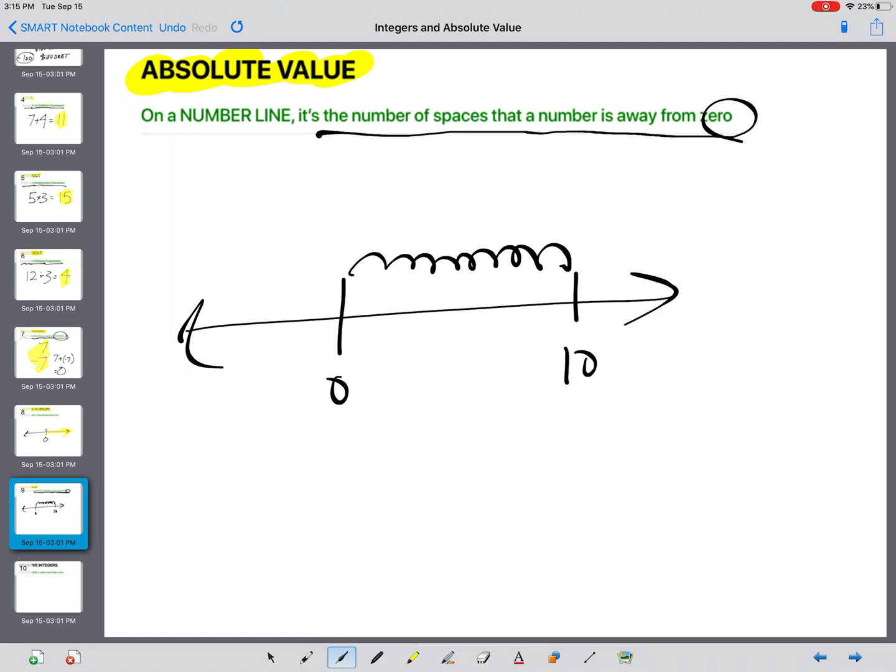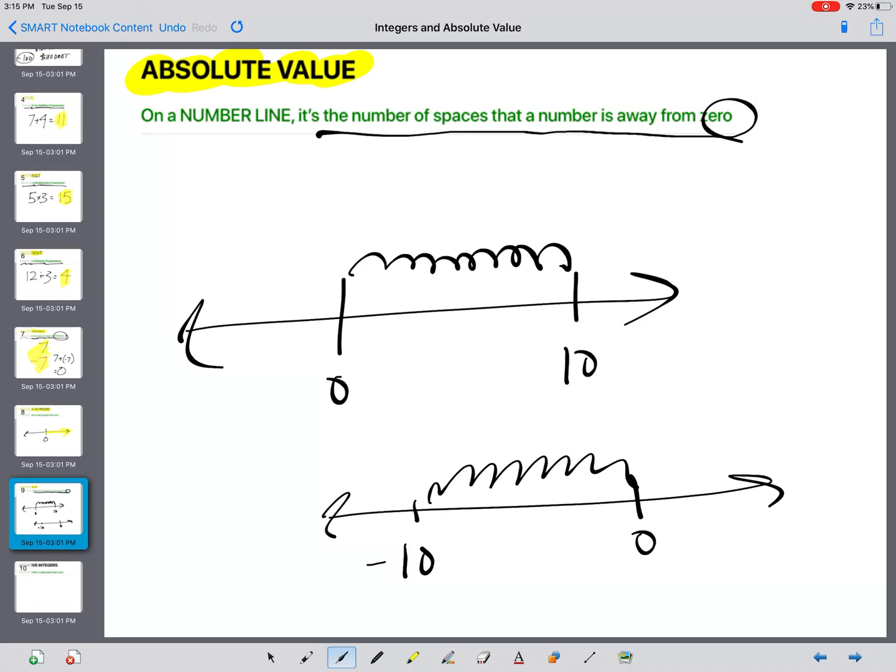So in other words, the absolute value of 10 is 10. Now the other side of that is negative 10 is also 10 spaces from 0, isn't it? You would have to move 10 spaces to get from negative 10 to 0. So the absolute value of negative 10 is also 10.